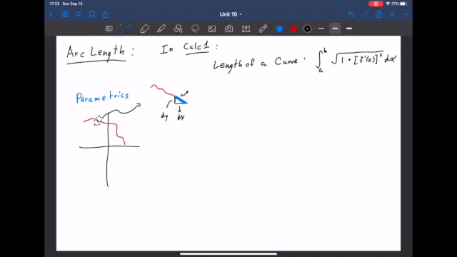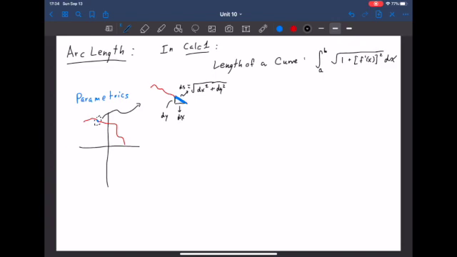And so therefore this would be the square root, using the Pythagorean theorem, of dx squared plus dy squared. And that's exactly what we're going to do. So that small change in length, s is sometimes used for length, would be that Pythagorean formula.